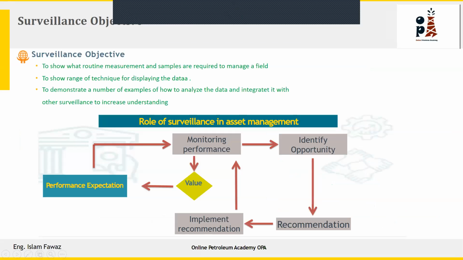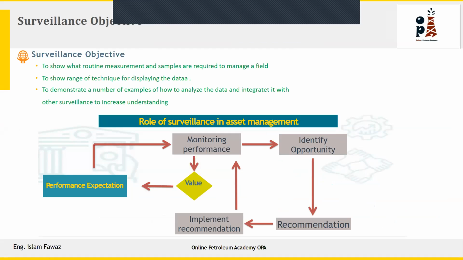So, surveillance objectives: each asset has a different overall surveillance objective. The surveillance objective is derived by the strategic alignment of business drivers. This leads to setting the surveillance objectives.